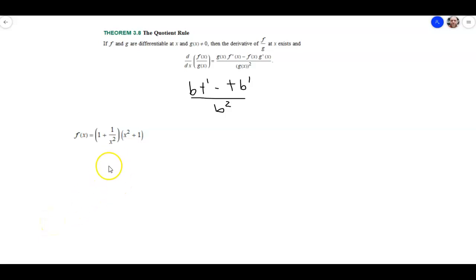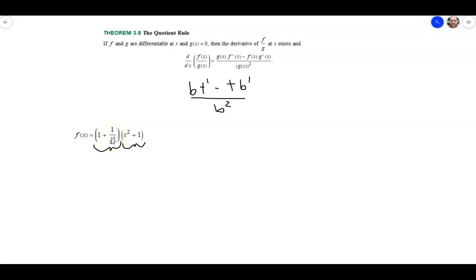All right, so it looks like right away that we can set this entire function up under the product rule, because I can treat this as my first function, and I can treat this as my second function, right? But when I am taking the derivative of those, it looks like I may have to use the quotient rule inside.